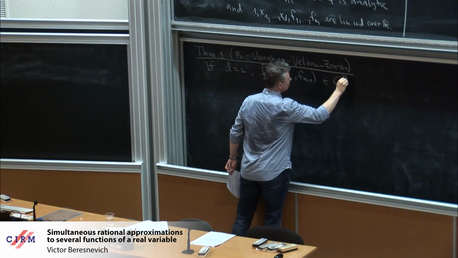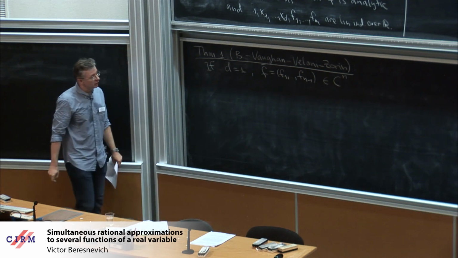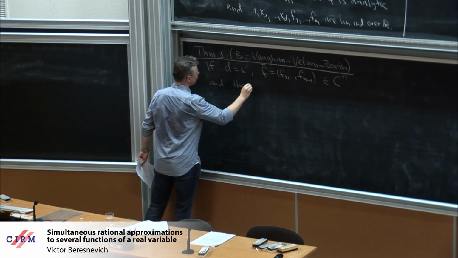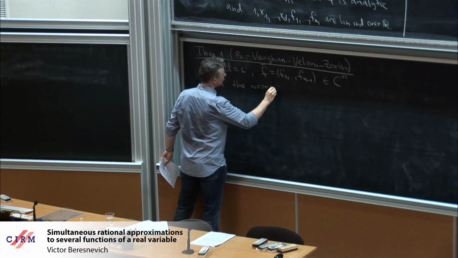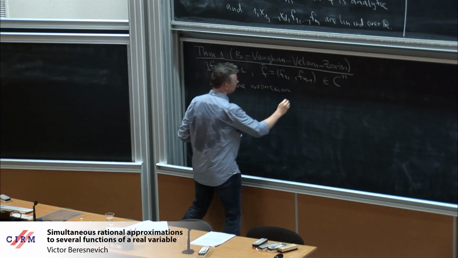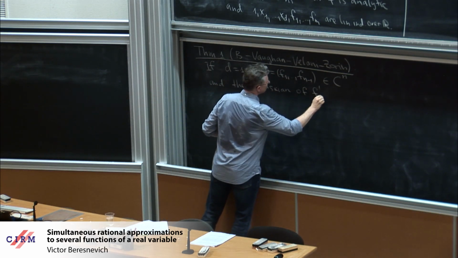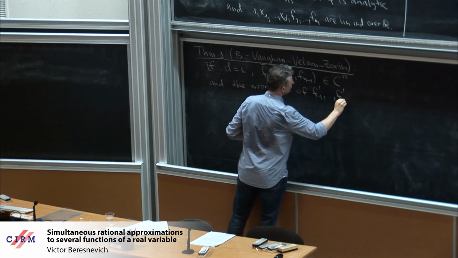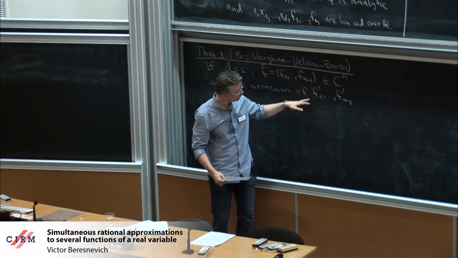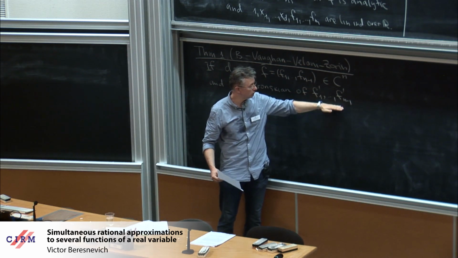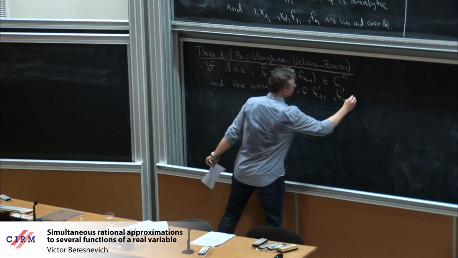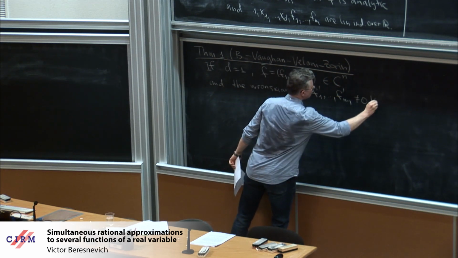And the condition we impose is that it's C^n, and the Wronskian, so this is just the determinant of a special form of f1 dash to fn minus 1 dash. So the determinant is formed by this row and then double dash and so on until you get a square matrix, is non-zero for all x.